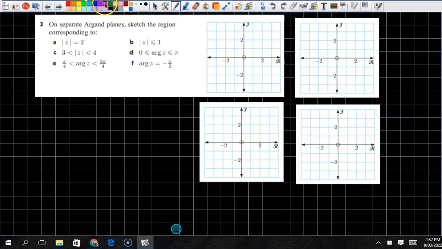So let's just have a look at the first one. What is that saying when you read it? Now, what does the modulus, they said modulus of z equals, what does the modulus mean? The magnitude, the length. So we're saying that the length of the complex number is equal to 2. Now, that means it could be this one, couldn't it?